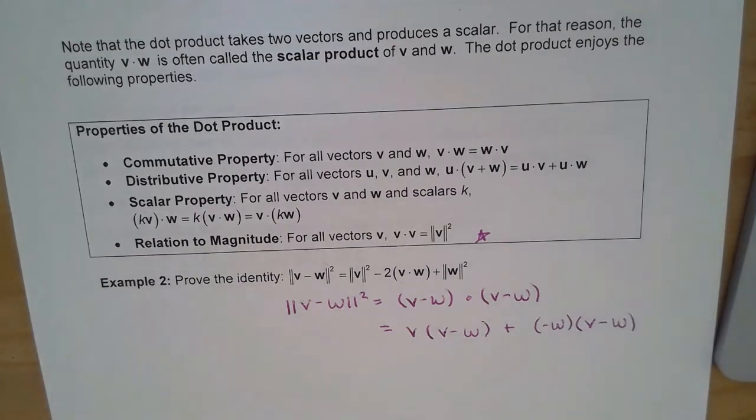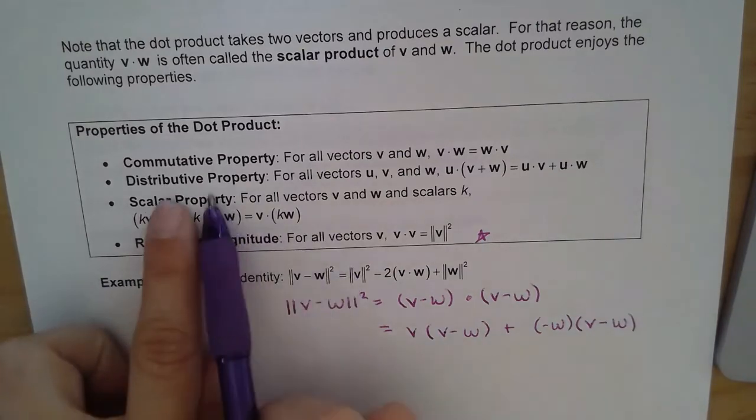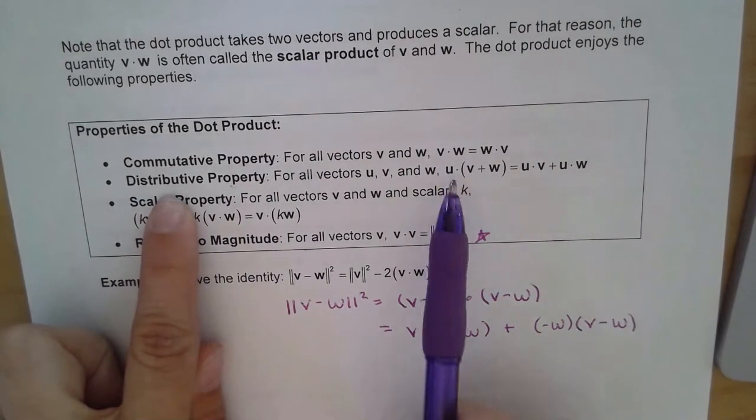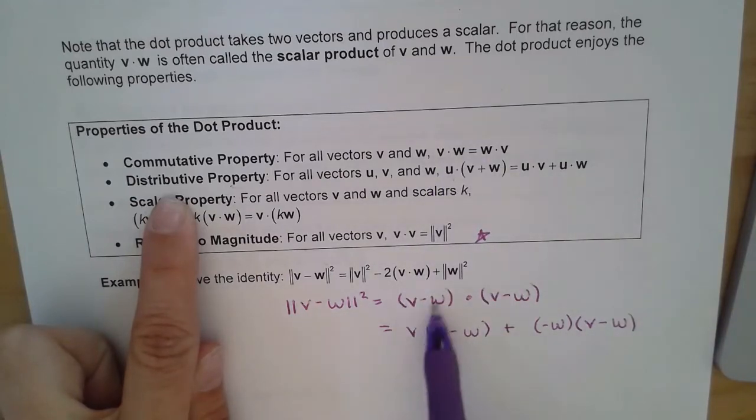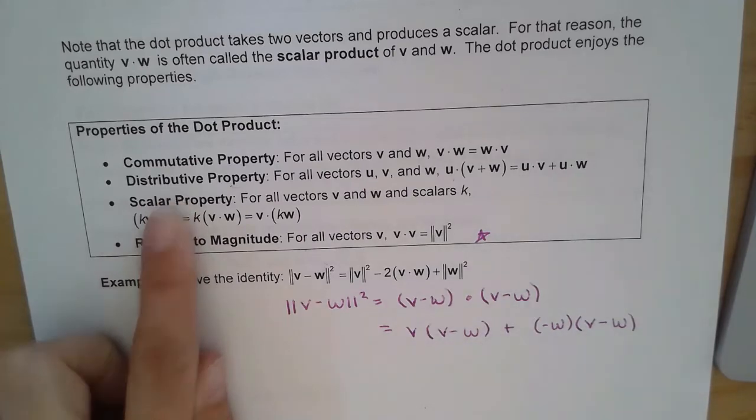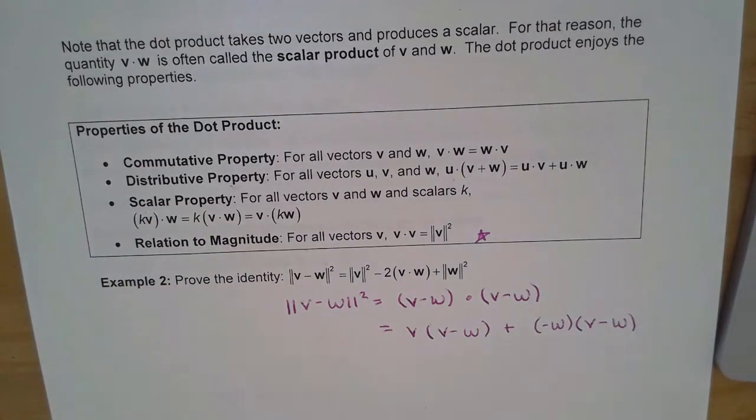Okay, and actually guys, I did the dot product, but I also had the distributive property in there. So I have that u times this. This would have been our u, and we're doing each u times this. So it's kind of that dot product and distributive property all together.